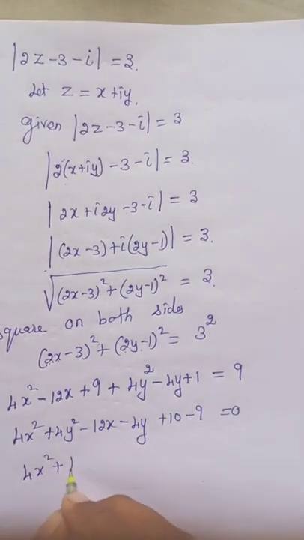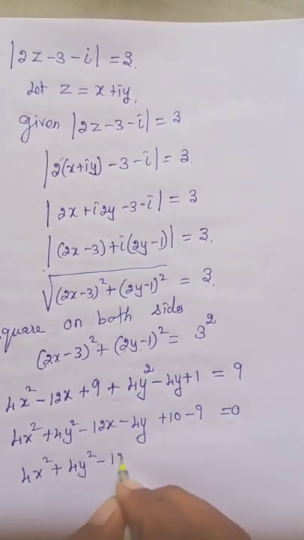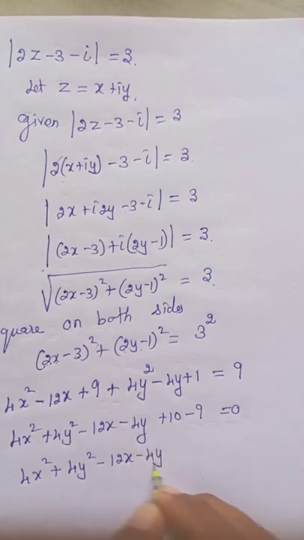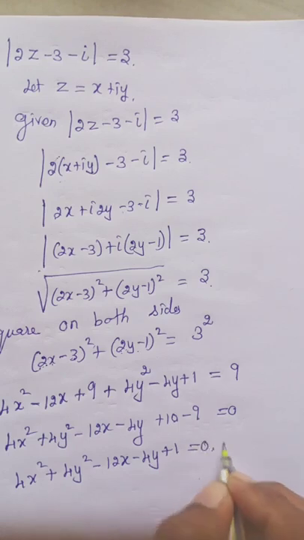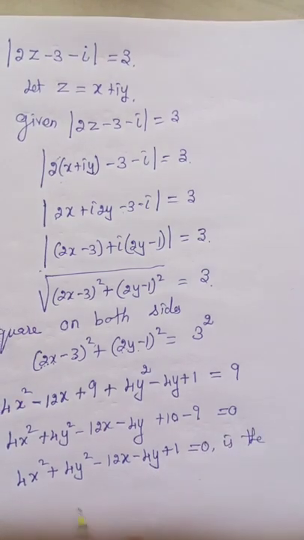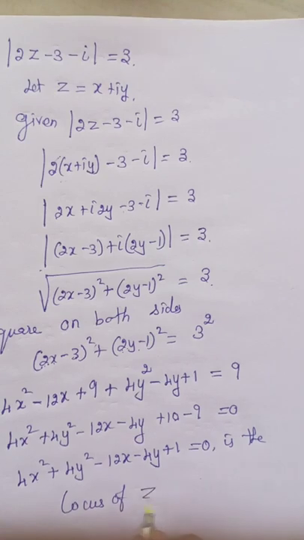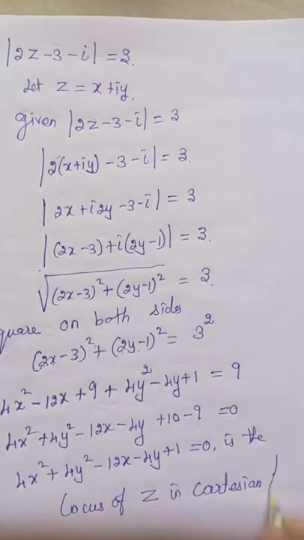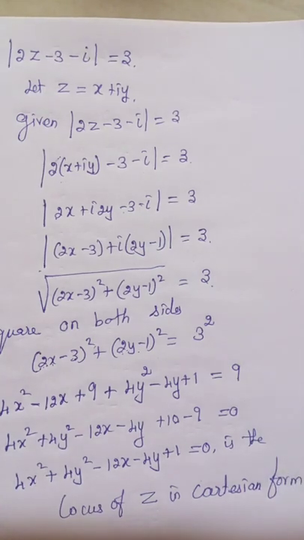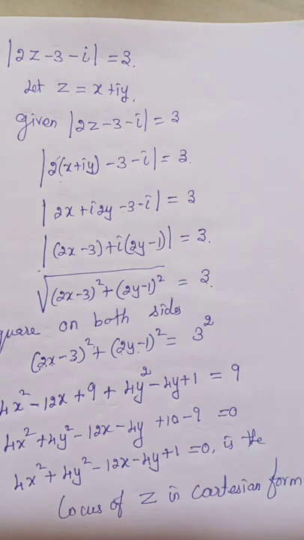So 4x square plus 4y square minus 12x minus 4y plus 10 minus 9, that is plus 1, equal to 0 is the locus of z in Cartesian form. Is that clear? Simple only. Substitute the value of z, that is equal to x plus iy. Bring the real and imaginary part together. Then we have to simplify and write the answer.